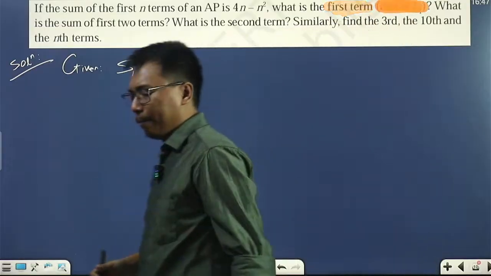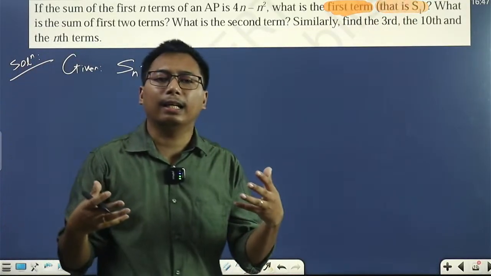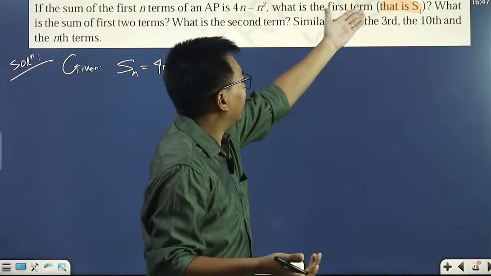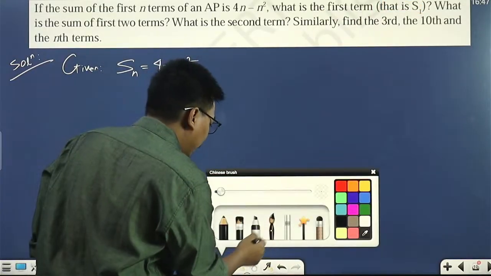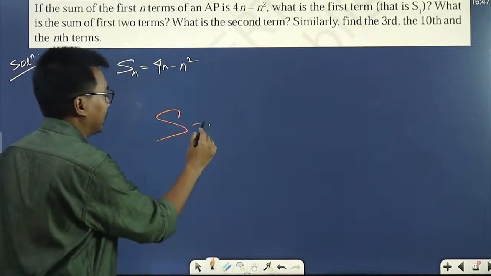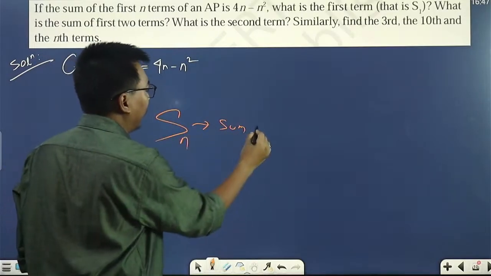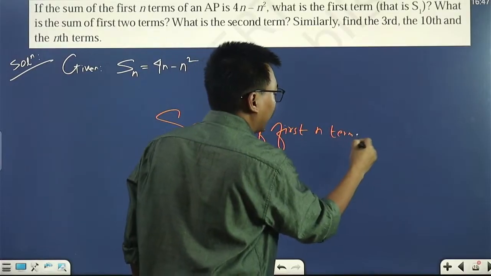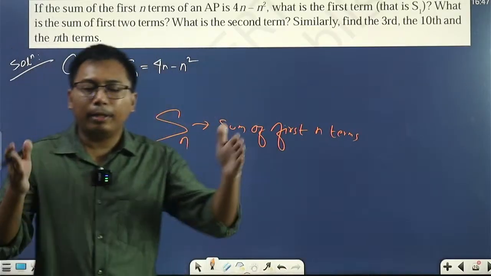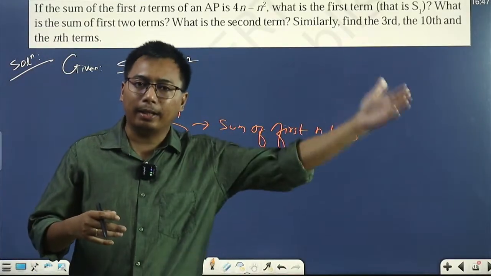Now, what does it mean? Why does it say that first term is S1? You have to understand what S is first. Sn means sum of first n terms, right? Up to n terms, their sum.